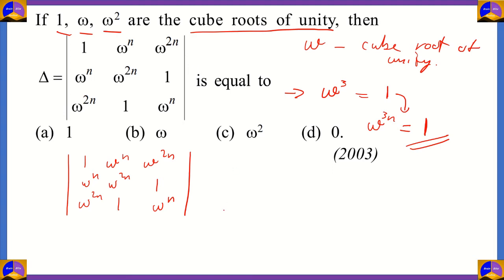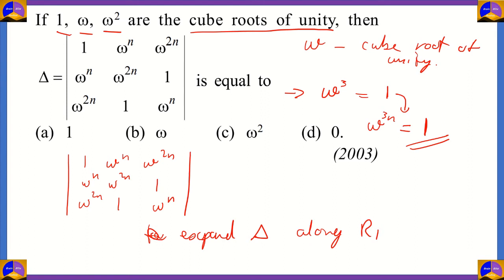So what we're going to do is expand the determinant along its first row. So expanding the triangle determinant along R1. This triangle is what we call delta.